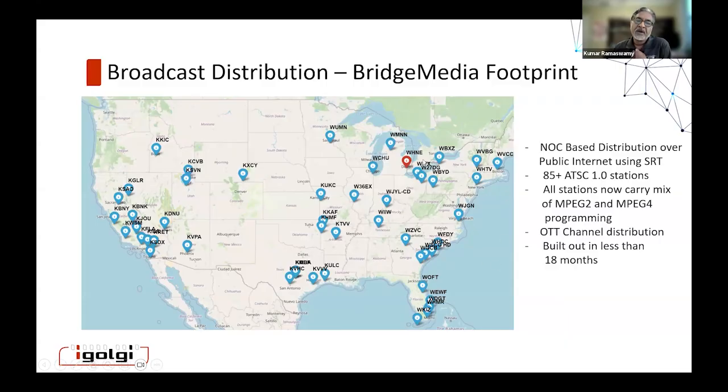So we built their stack to do all their encoding, and now they have started to do ad insertion, and they are the one station that went full MPEG-4. Their primary channel is MPEG-2, but they run SD 14 to 16 or even 17 channels of SD broadcast based on H.264.